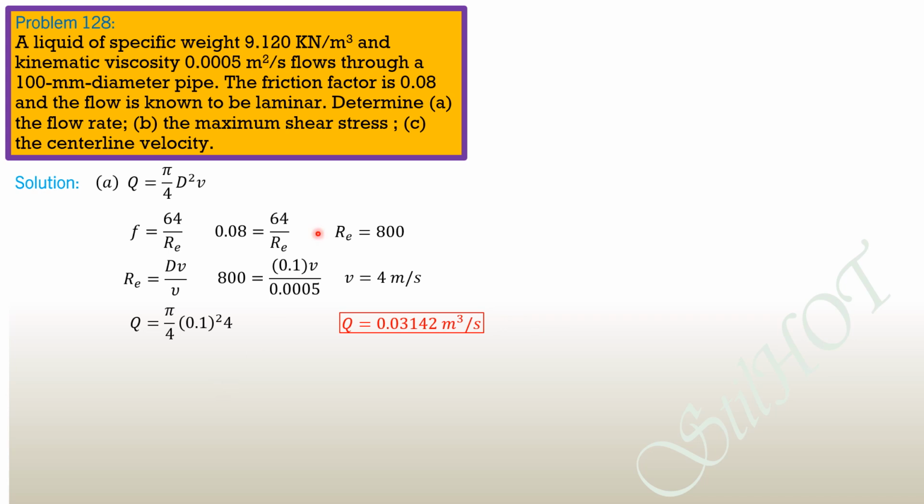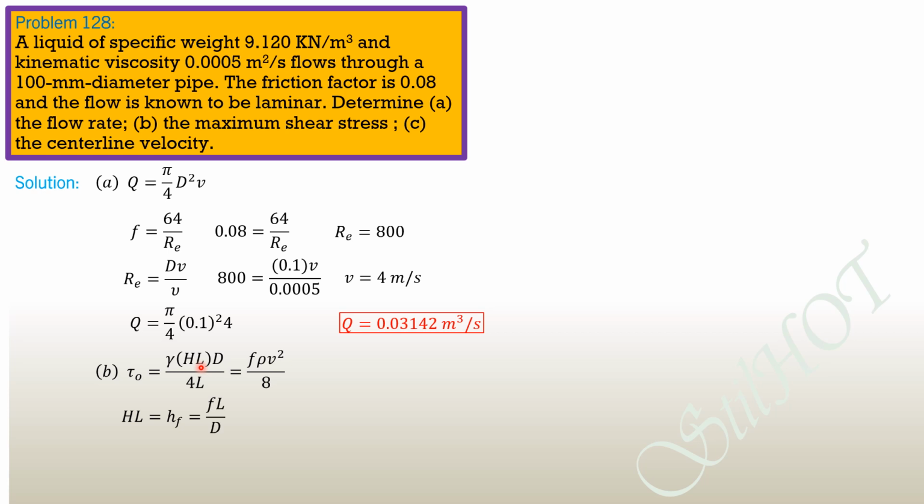Then the maximum shear stress is either specific weight times head loss times diameter over 4L, or friction factor times density times velocity squared over 8. So we will use these two formulas in computing for the maximum shear stress or tau sub o. First, this one, but the head loss is not yet known. So we use the Darcy-Weisbach formula, fL over D velocity head.